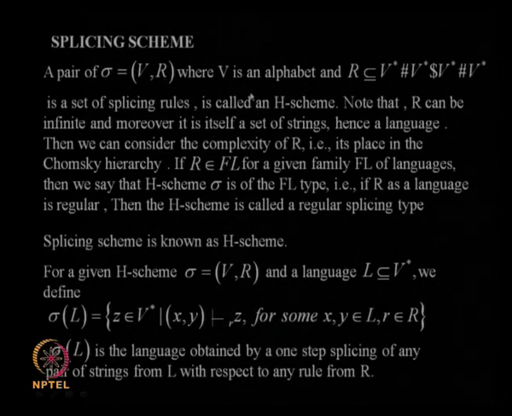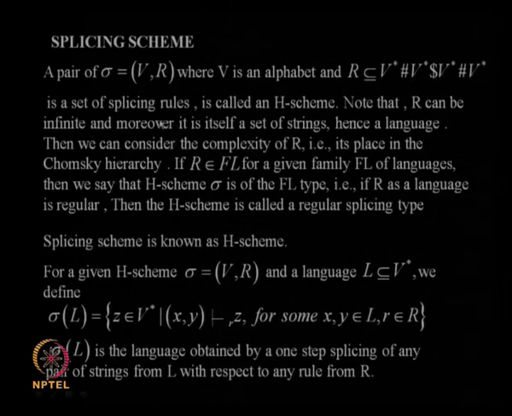The alphabet can be anything. In the case of DNA it will be double stranded A, G, C, T, etc. R is the set of rules of the form over the alphabet V plus, V star, and it can be lambda also.